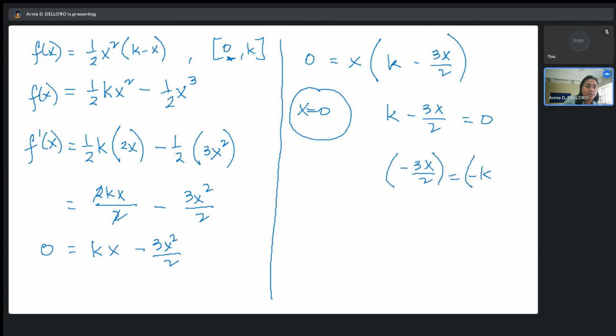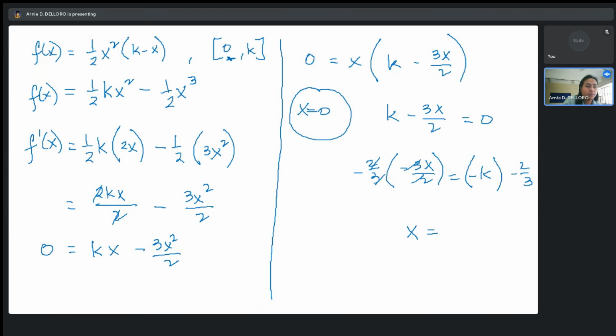Multiply both sides by the reciprocal. Kasi gusto nating isolve yung value ng x, di ba? Or hanapin yung critical value. So all we have to do is to multiply negative 2 over 3 para ma-cancel natin itong coefficient ng x. So negative 2 over 3. So maka-cancel to. Matitira ay x.